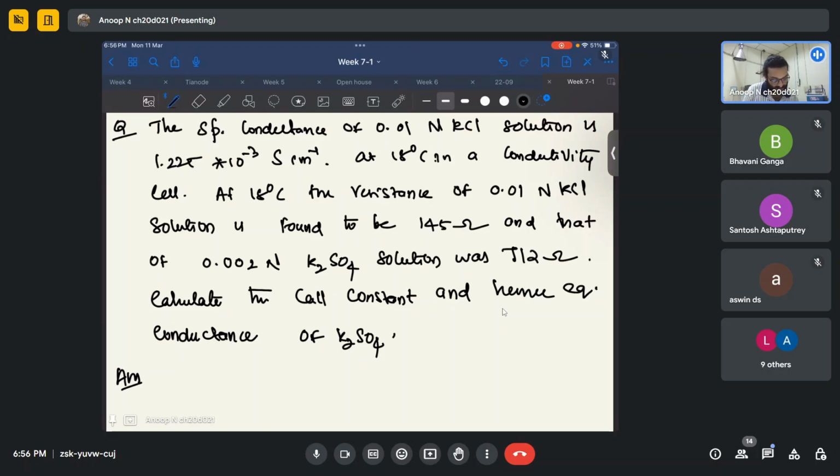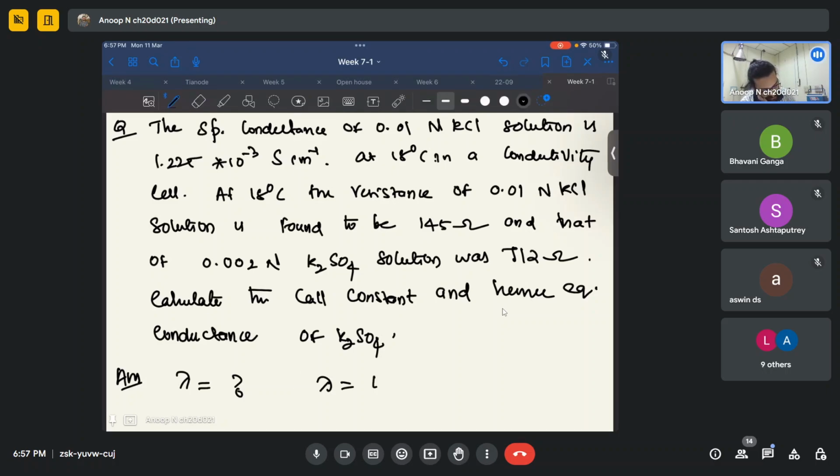So we can solve this. Ultimately, we have to calculate lambda. What is the formula for lambda?